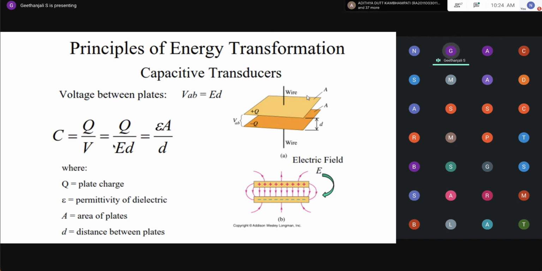As I told you earlier, the upper plate has the positive charges. Then the bottom plate has the negative charges. There will be the gap between the two plates, and the voltage between them is denoted by VAB. Here the electrons are moving from the upper plate to the lower plate.